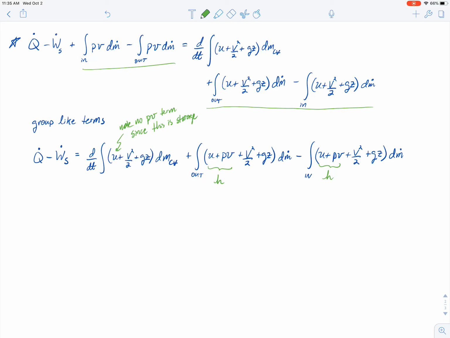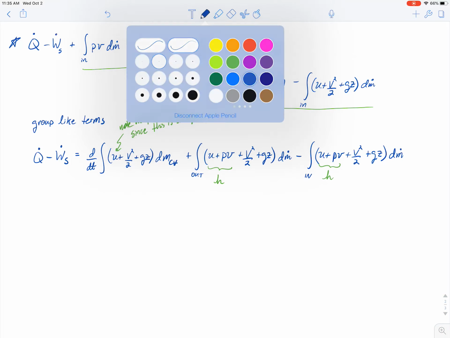And then the last two terms look like the sum effect of energy being carried by my fluid as it's crossing the flow boundaries. And that can be internal energy, kinetic energy, potential energy, flow work. All of those things together. Now this is a pretty complicated expression, and we're probably going to want to use some simplifications to enable easier analyses. So let's try to look at some assumptions we can make.